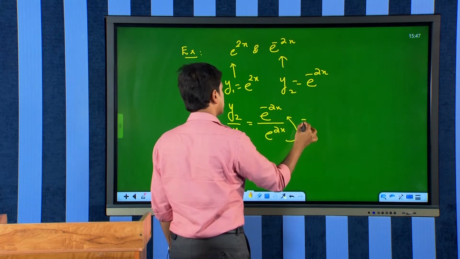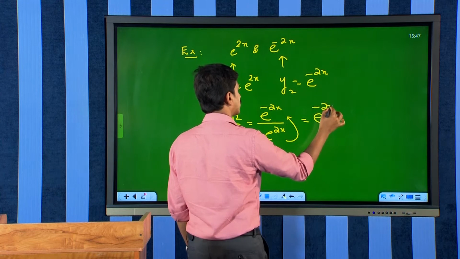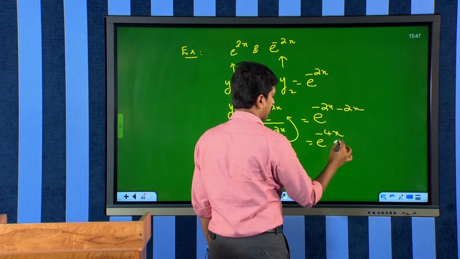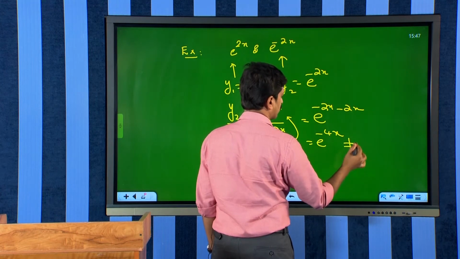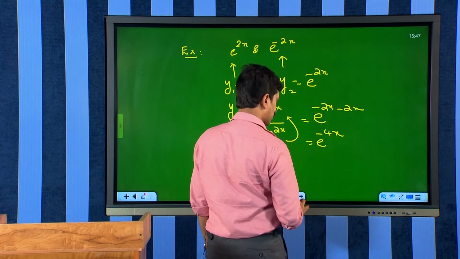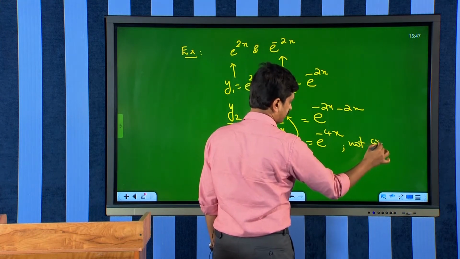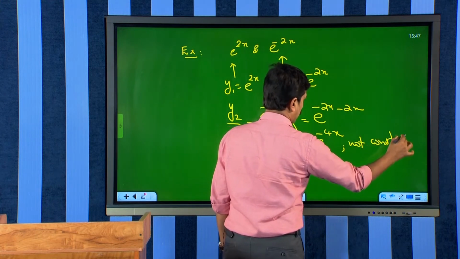Maybe you can take this to here: e raised to minus 2x is equal to e raised to minus 4x. This is not equal to a constant. So we can say that this is not a constant.